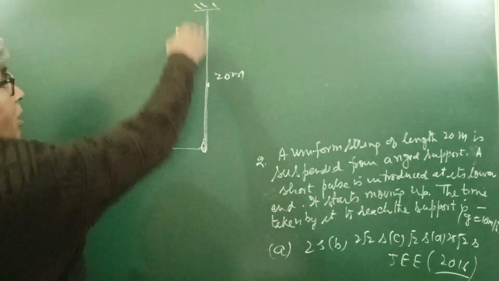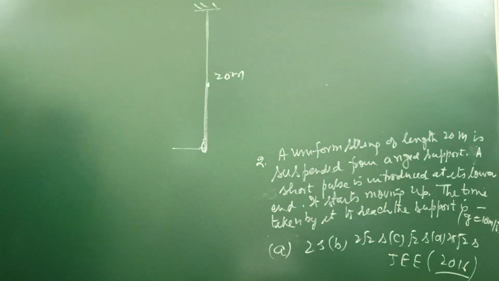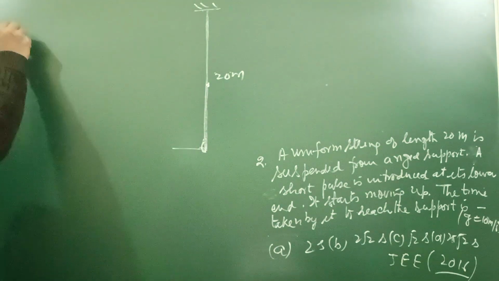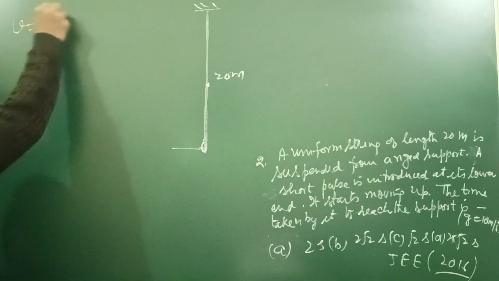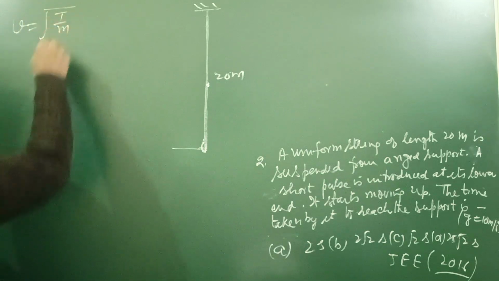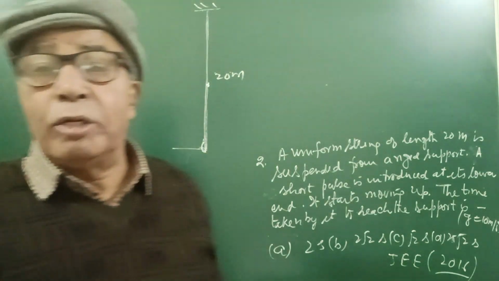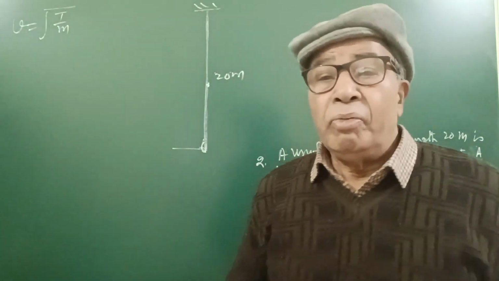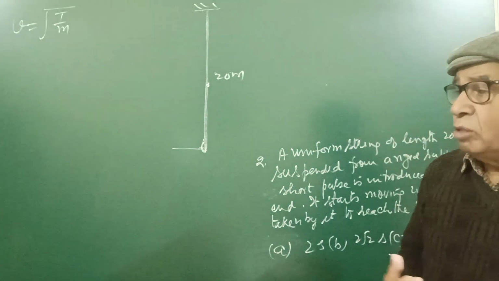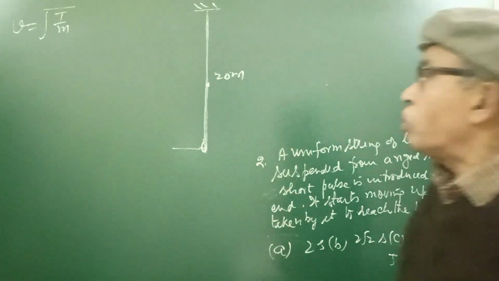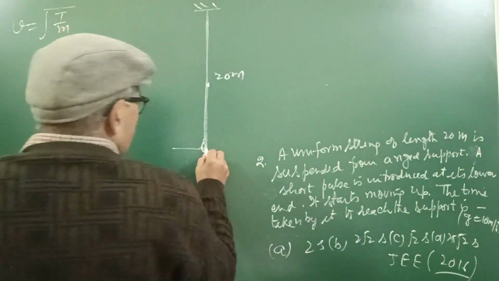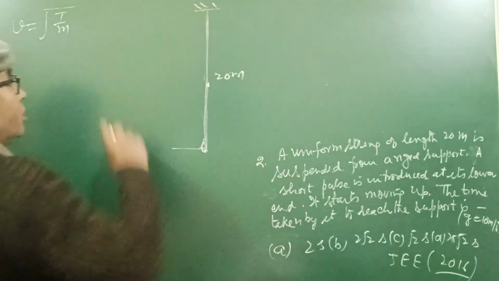So tension will keep on changing. As we know, v is equal to under root T by m. Here tension will be produced only due to weight of the string, and that will increase as the length increases.